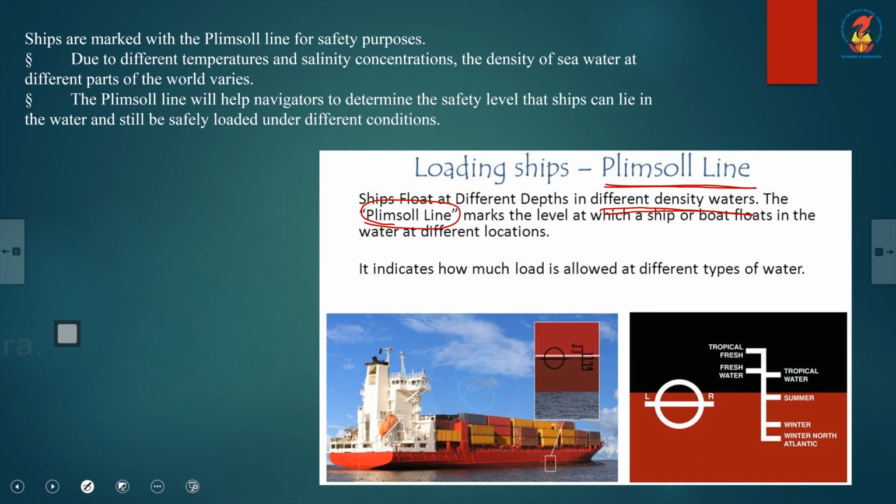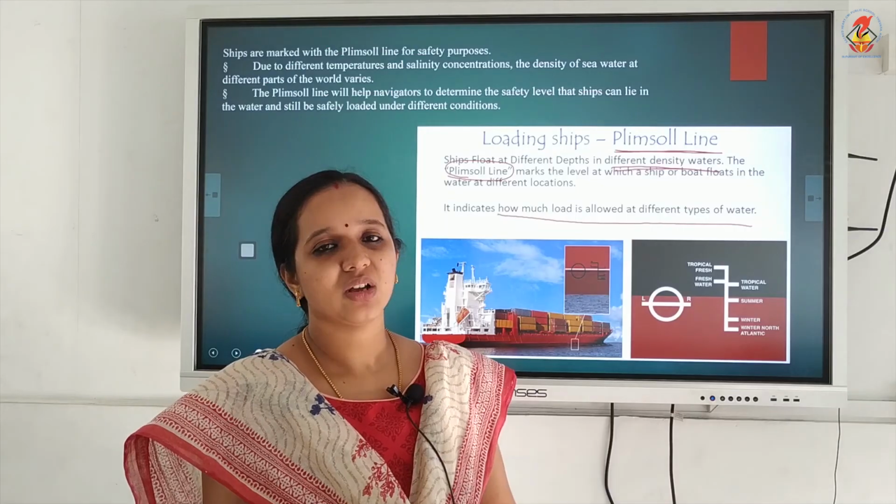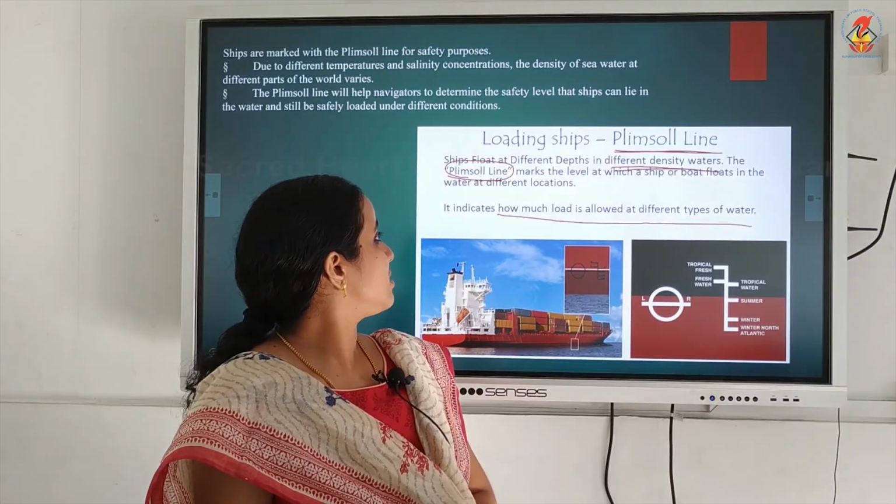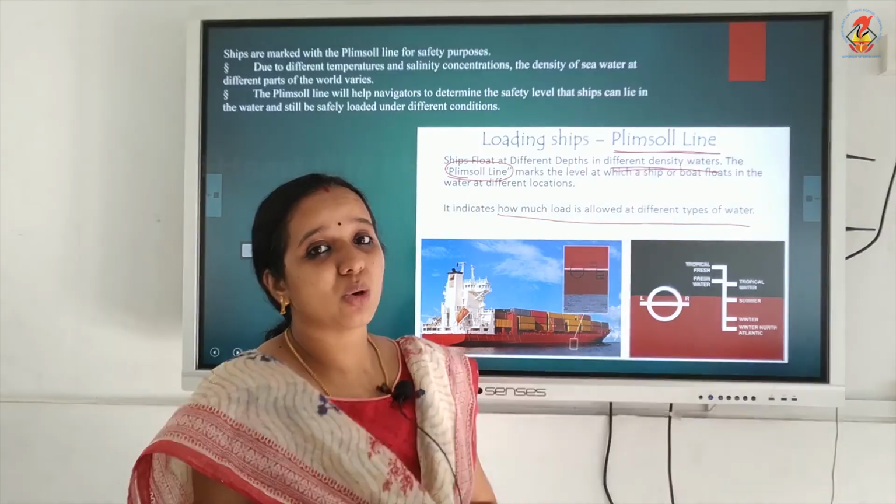This line indicates how much load is allowed in different types of water. So, seeing the Plimsoll line, one can load the cargo so that the cargo can reach safely without sinking. That is the safety line called the Plimsoll line.